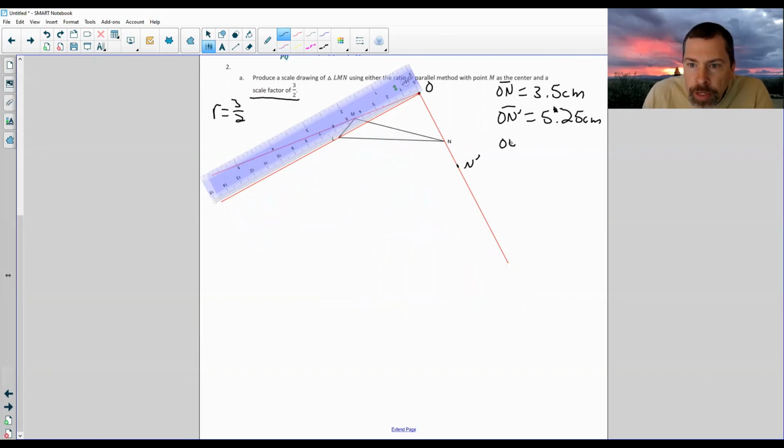So OL equals 6. So OL prime equals 6 times 3 halves. That's easy because it's an integer. 6 times 3 is 18, divided by 2 is 9. So that has to be length 9. So I come out to 9 and put a dot right there.